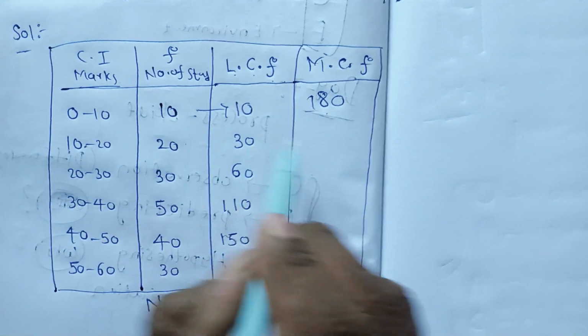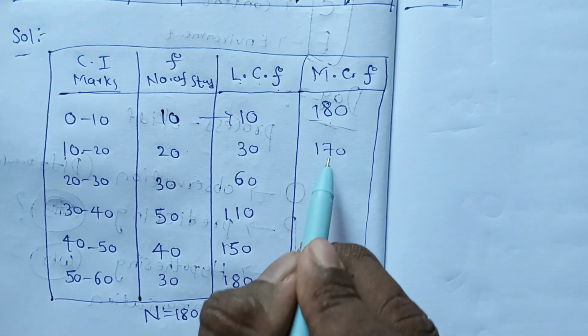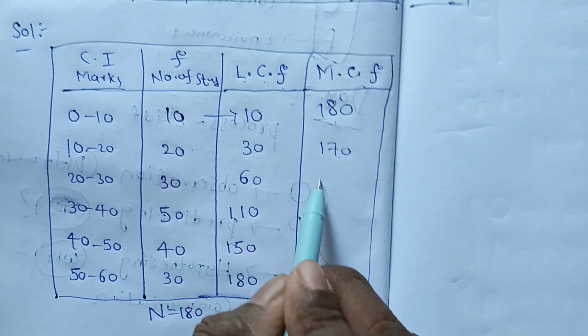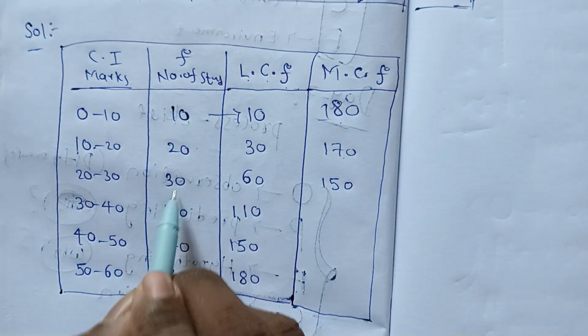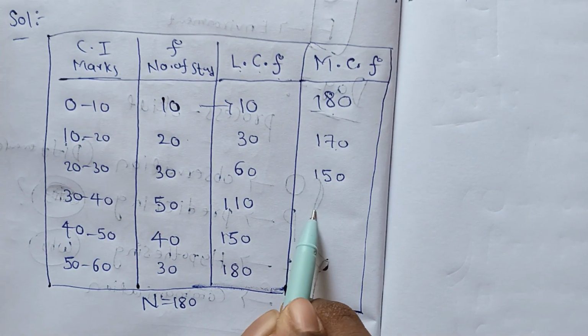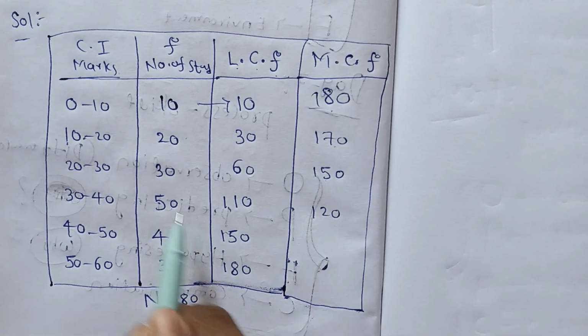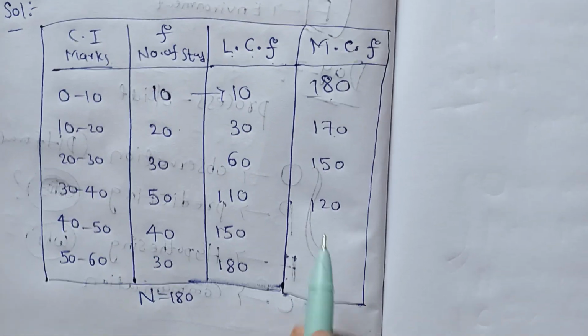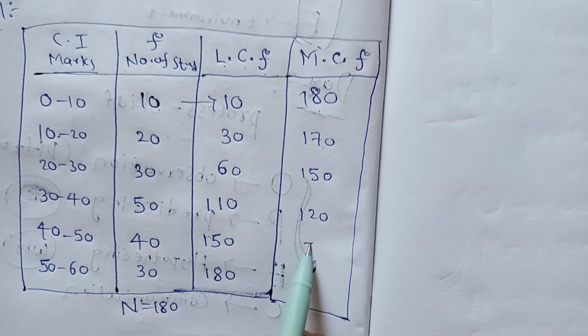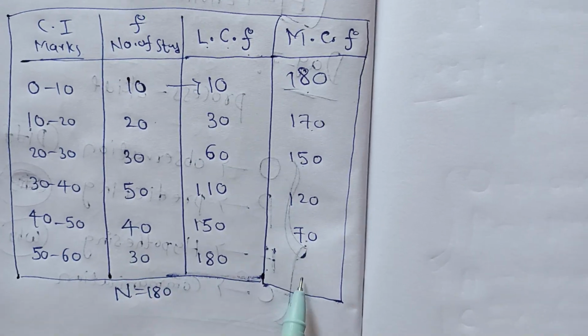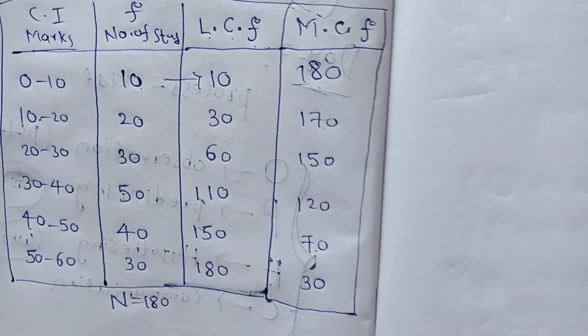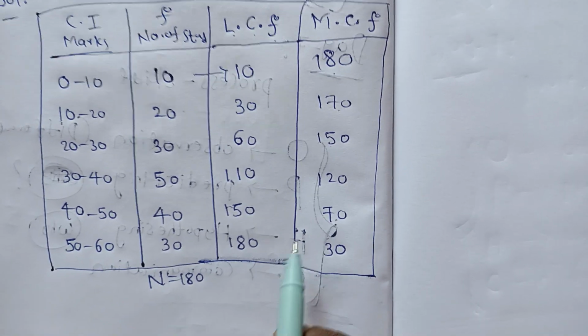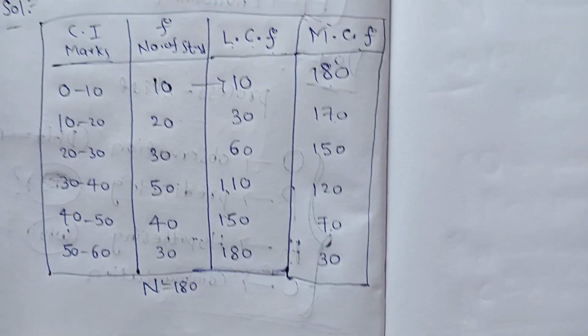So 180 minus 10, that is 170. 170 minus 20, 150. 150 minus 30, 120. 120 minus 50, that is 70. 70 minus 40, that is 30. So here you should get both values equal.